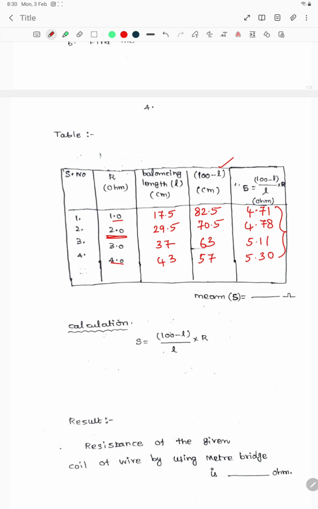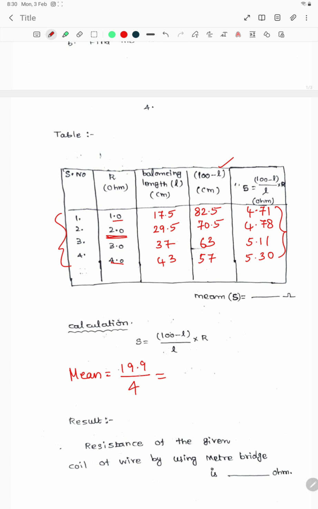Now you have to take the average. How will you take the average? 4.71 plus 4.78 plus 5.11 plus 5.30. I will write the mean value is equal to, when I add these 4, I am getting 19.9, and then I have to divide by 4, since I have taken 4 readings. After you calculate the numerator value, you divide by 4, because while using the calculator you tend to forget the bracket.